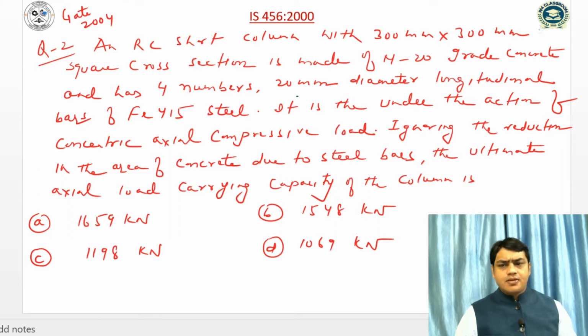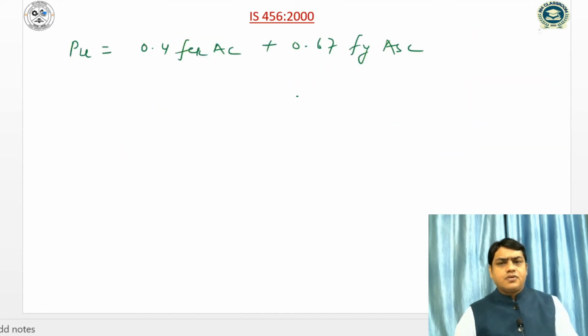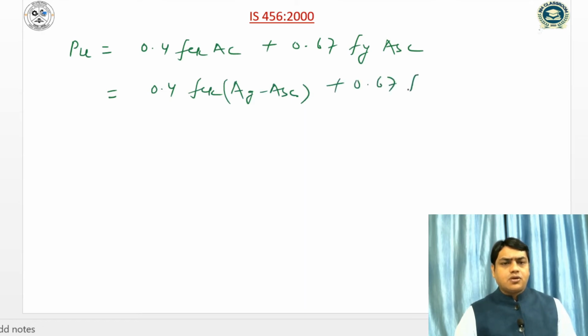So here the question says it is under the action of concentric axial compression, ignoring the reduction of the area of concrete due to steel bars. So it can be written as Ac equal to Ag minus Asc, 0.4 fck into Ag minus Asc plus 0.67 fy into Asc, and here we have to ignore the value.